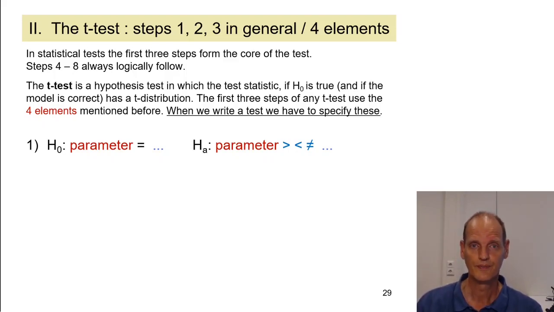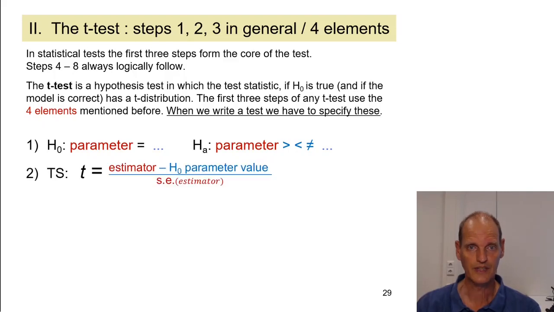Then step 2 of the t-test is always, we define the test statistic as t is equal to the estimator minus the null hypothesis value of the parameter.